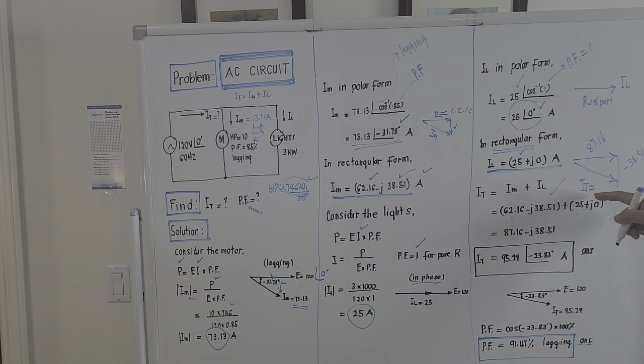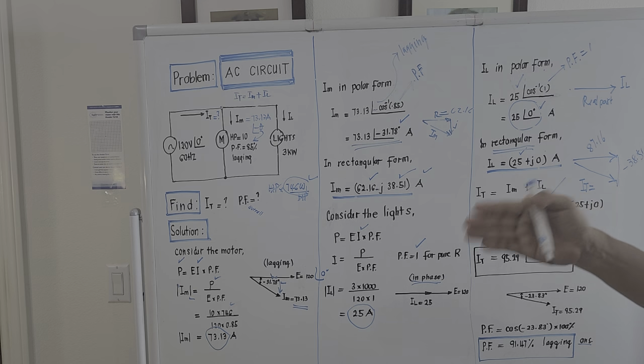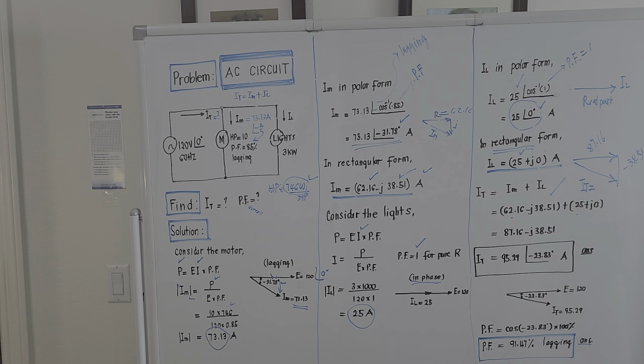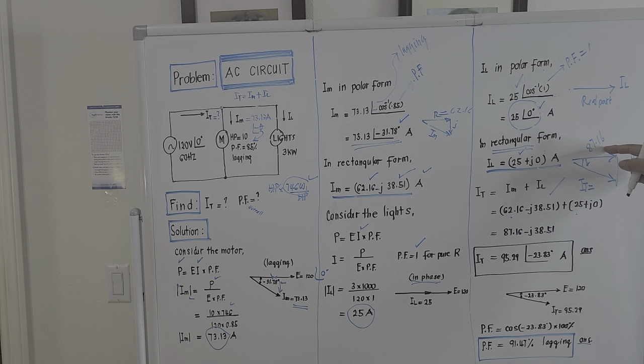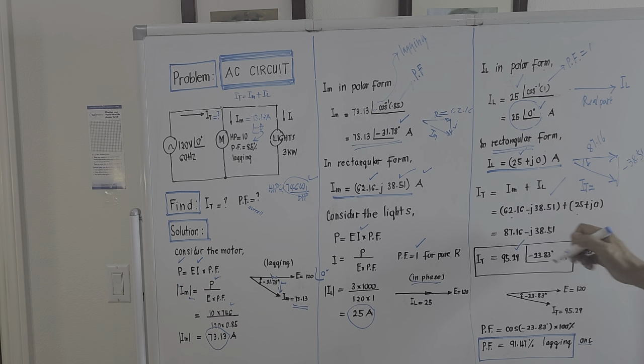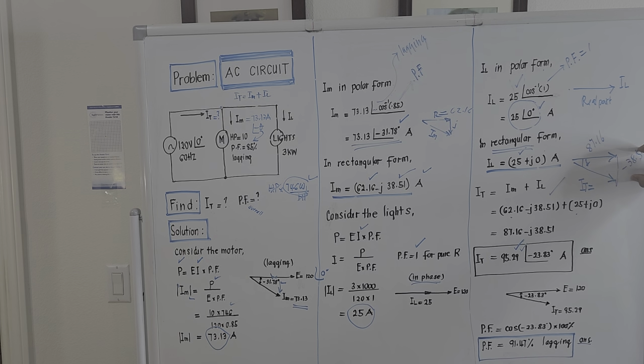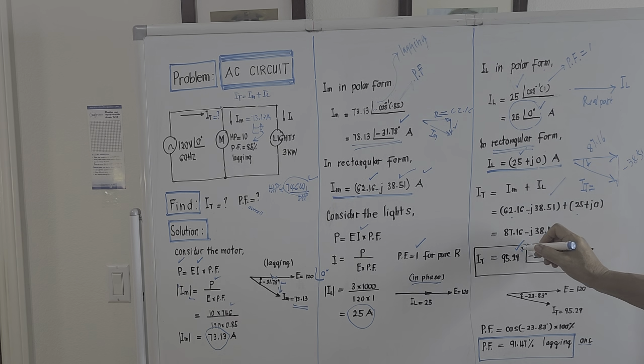In computing the magnitude, you can take the cosine of this angle, or the sine of the angle, or use the Pythagorean principle. Total current will be the square of this plus the square of this, then take the square root. What will come out will be 95.29.